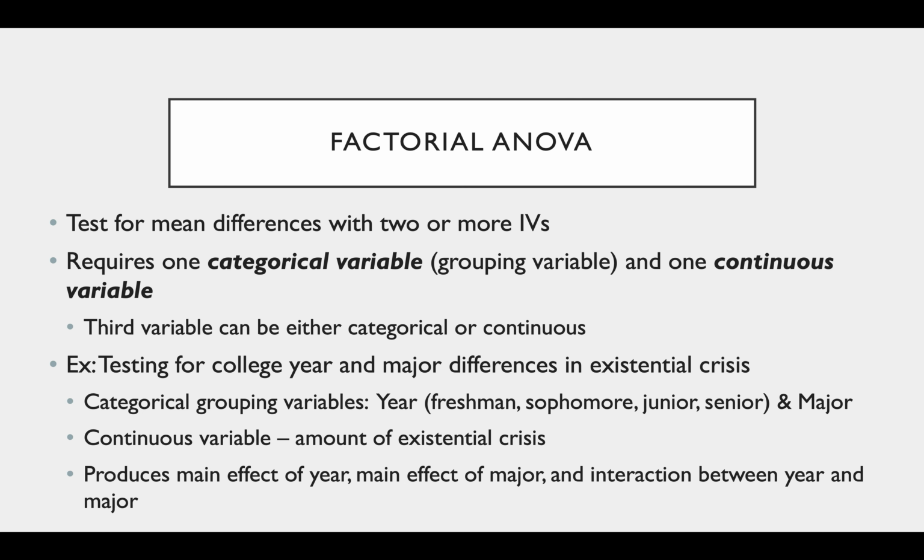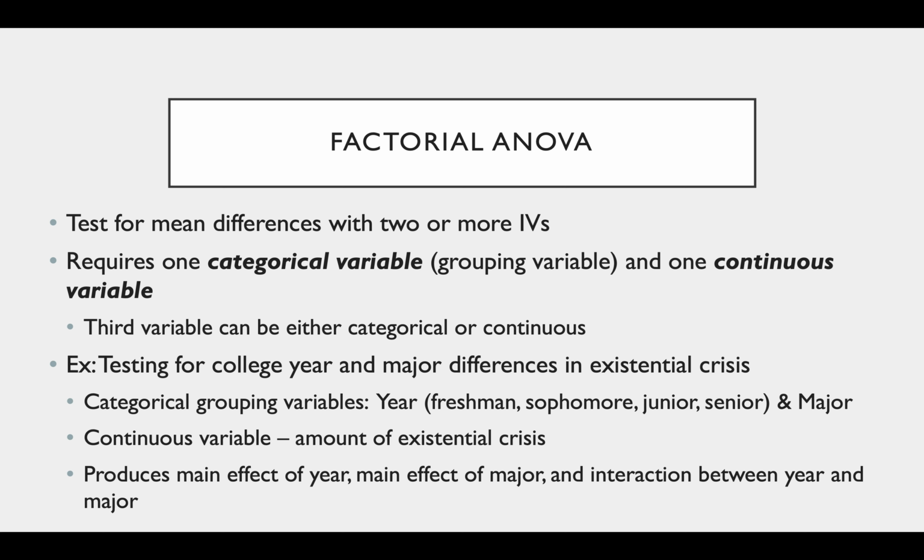And last but not least, we get into the factorial ANOVA. Again, I go into this much more in the other lecture video, but just as a reminder, a factorial ANOVA is where you have two or more independent variables predicting a dependent variable. At least one of those independent variables has to be categorical, but the other independent variable can either be continuous or categorical, and the outcome is once again continuous.